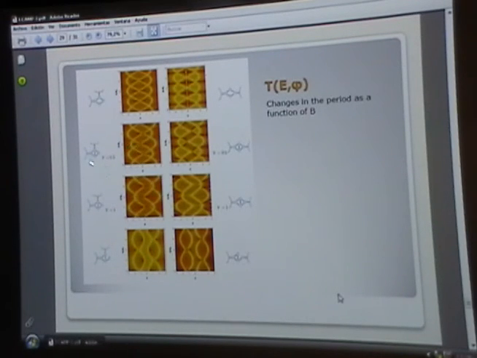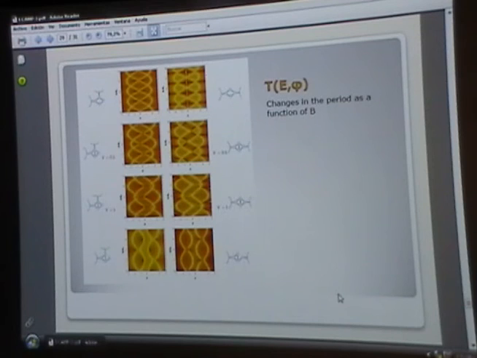In between, when you turn on the connection between the quantum dots, so you have a molecule, gradually you go from here to here, changing the patterns, but always having a period corresponding basically to the small orbits. That happens in both cases.